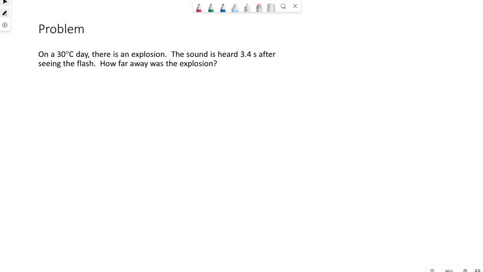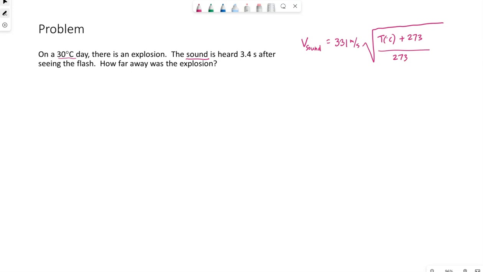So the sound, because they've given us a temperature, we're going to find the speed of the sound using the equation 331 meters per second times this quantity where we have the temperature in Celsius plus 273 and divide by 273.